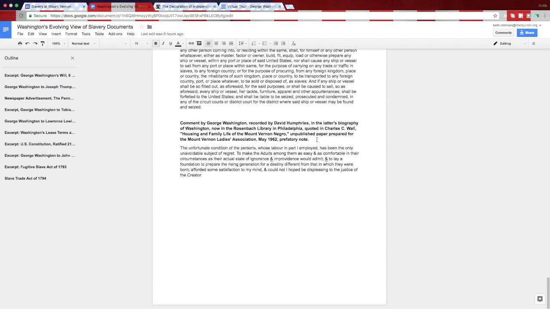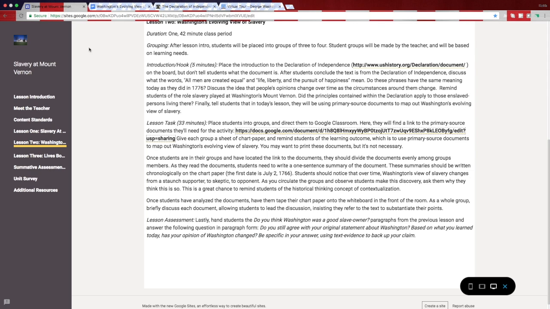What I hope that they see and uncover is that early in Washington's life, when he first inherits Mount Vernon and has slaves working there, he is a pretty strict and pretty harsh slave owner. But over time, his attitude starts to change. And if we look at the dates, we find his attitudes change towards slavery as the revolution goes on.